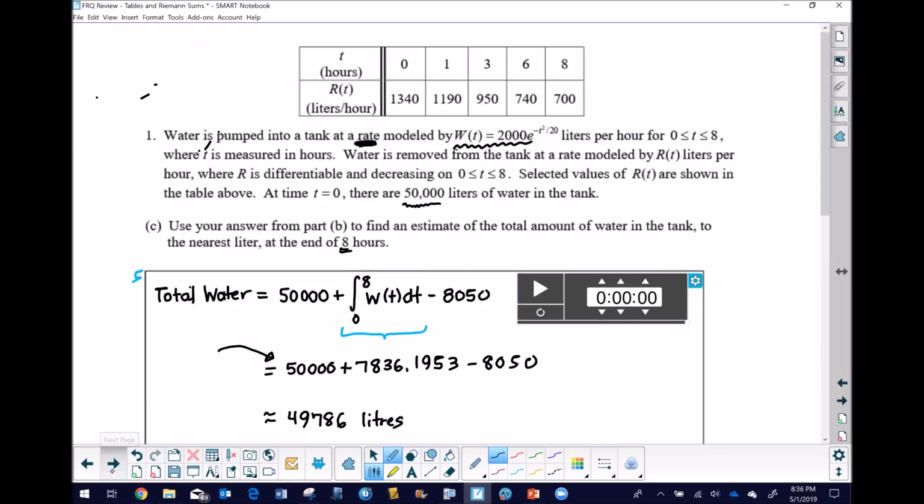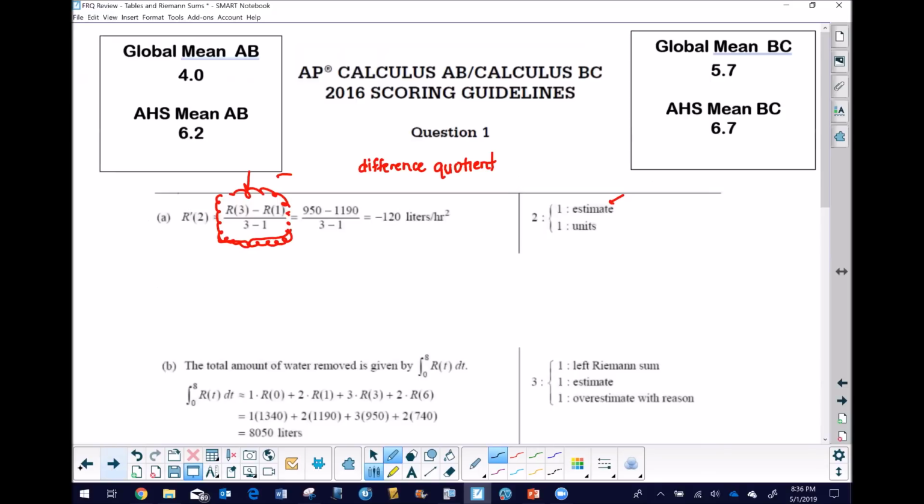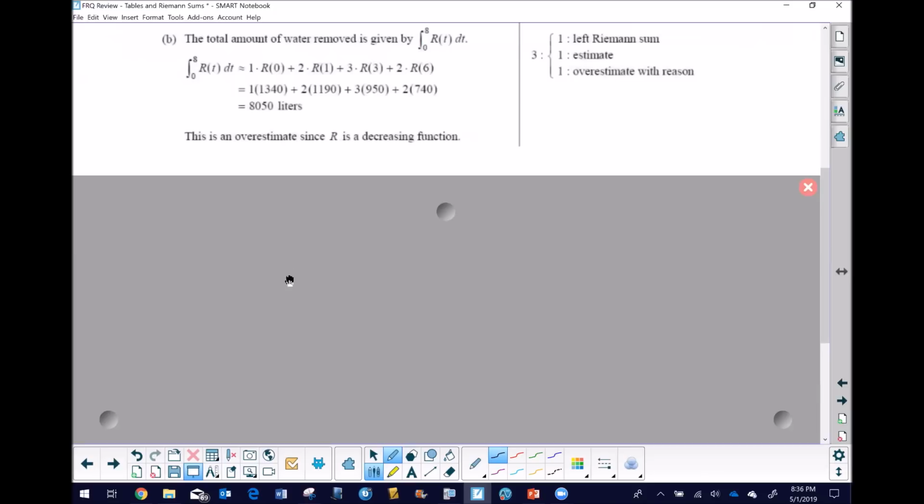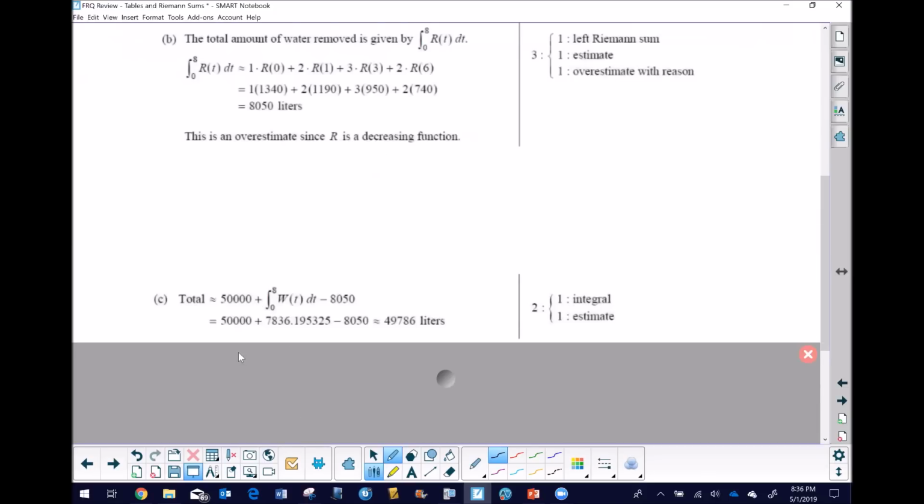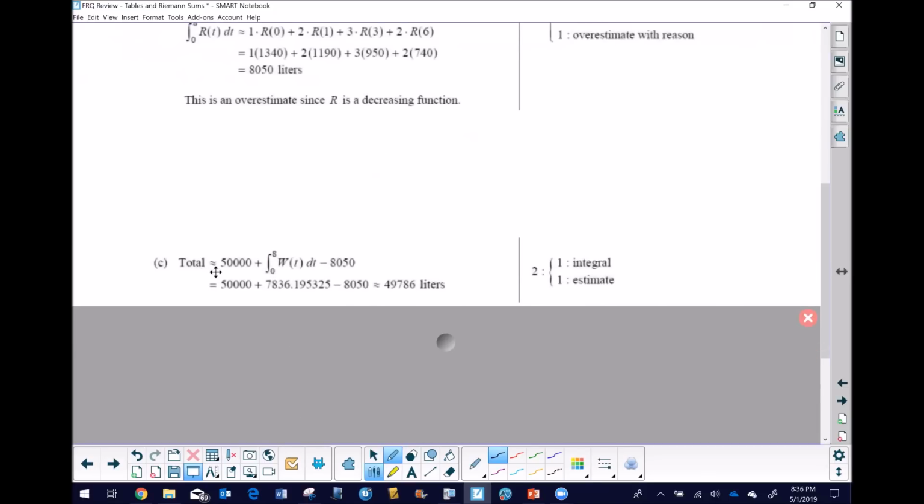Taking a look at the scoring rubric for C, how many points are we going to get for this one? Whoa, here we go. C is worth 2 points, and you can see that having an integration set up, really the integral alone, just that and nothing else on your paper, would warrant the first point. That's you understanding total amount of water accumulated.